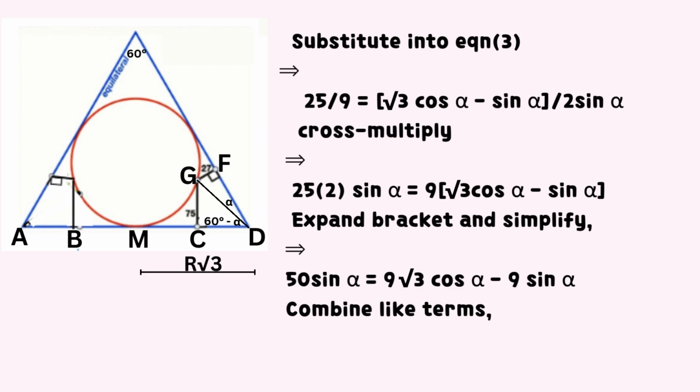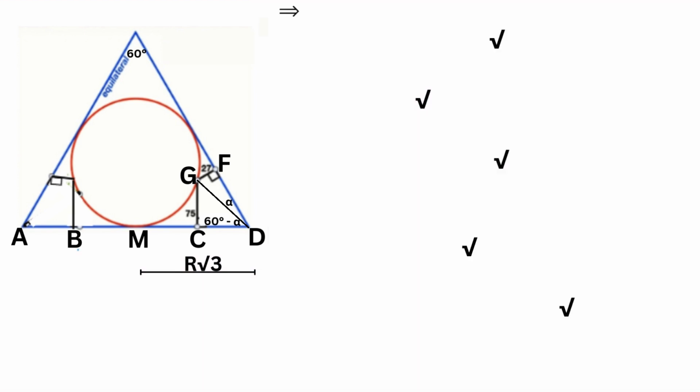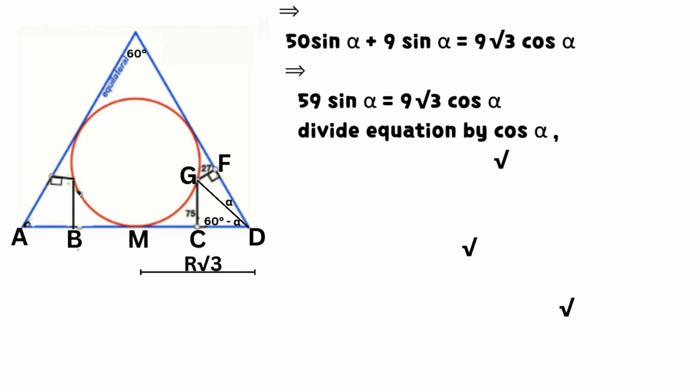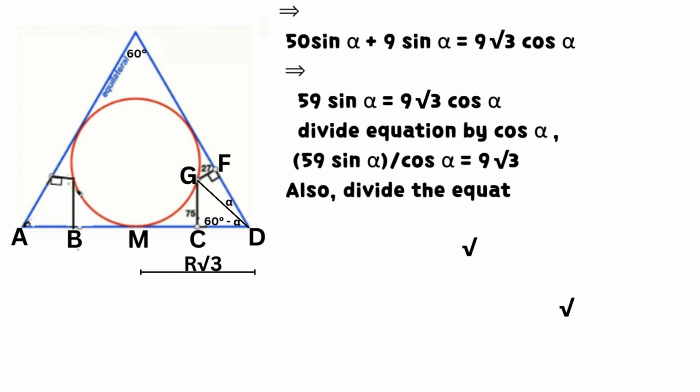Combine like terms. It implies that the sum of 50 times sine alpha and 9 times sine alpha equals 9 times the product of the square root of 3 and cosine alpha. Simplify further and divide the equation by cosine alpha.